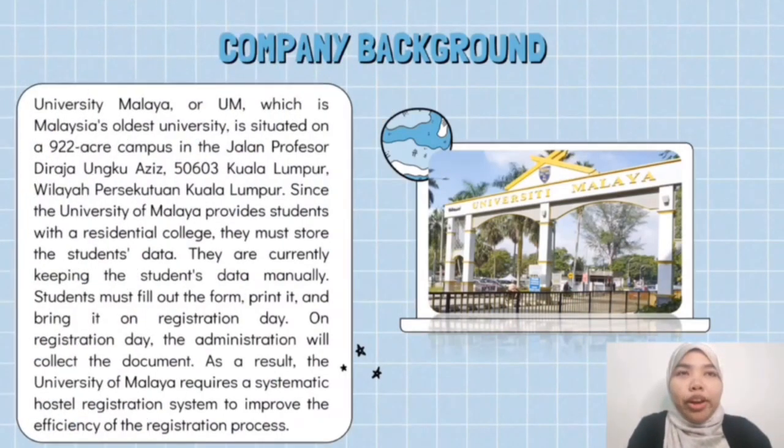For the company background, University Malaya or UM, which is Malaysia's oldest university, is situated on a 922-acre campus in the Jalan Profesor Diraja Ungku Aziz with postcode 50603 Kuala Lumpur, Wilayah Persekutuan Kuala Lumpur. Since the University of Malaya provided students with a residential college, they must store the student data.